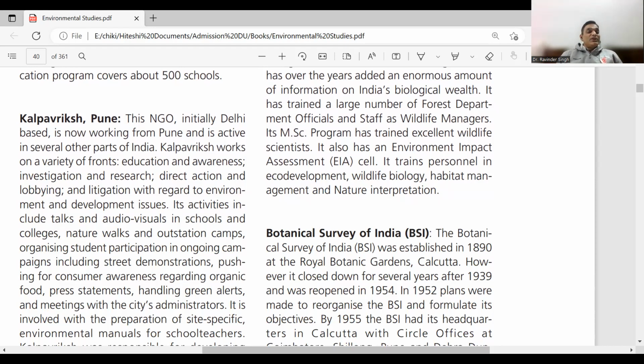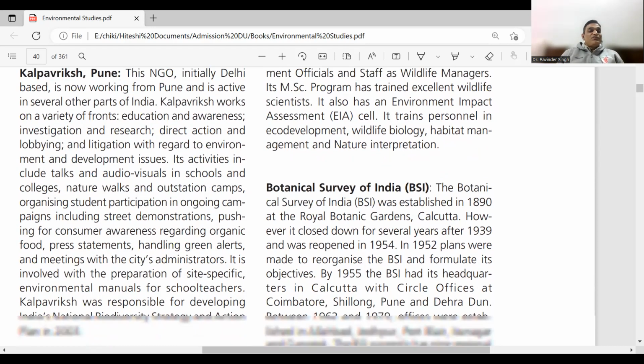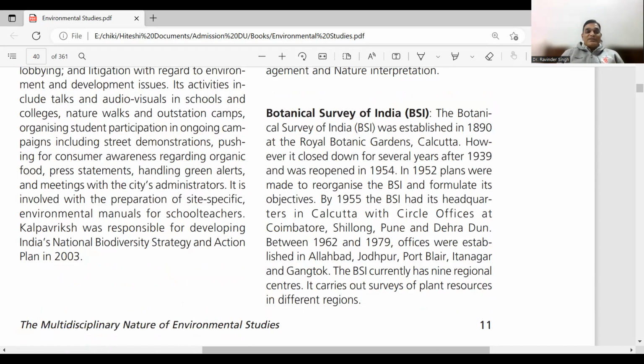Its activities include talks and audiovisuals in schools and colleges, nature walks, and outstation camps, organizing student participation in ongoing campaigns, including street demonstrations, pushing for consumer awareness regarding organic food, press statements, handling green alerts, and meeting with the city's administrators.